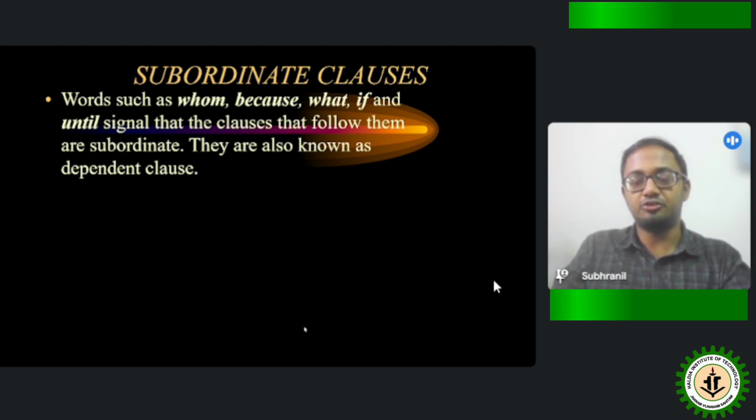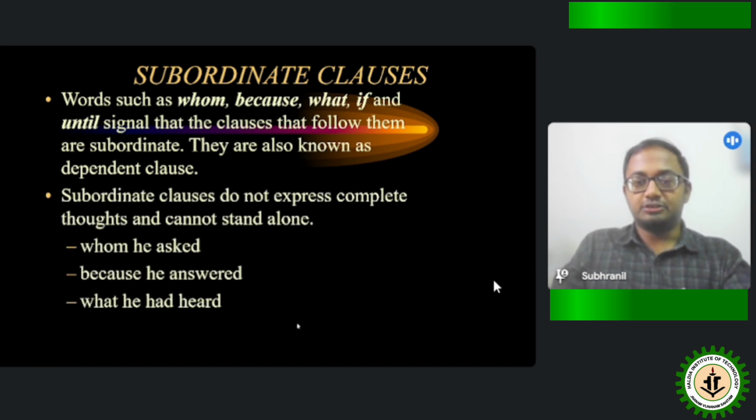These words introduce these clauses, and that is why they are known as subordinate and dependent as well. They have a subject-verb combination like the main clause, but they are dependent on the independent clause because they cannot convey their thought without the help of them.